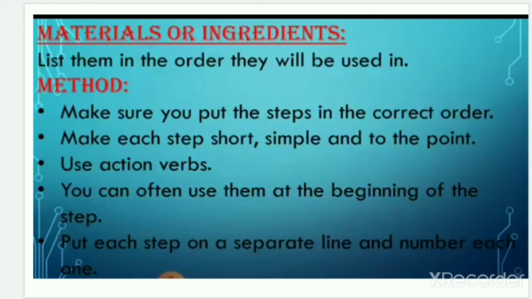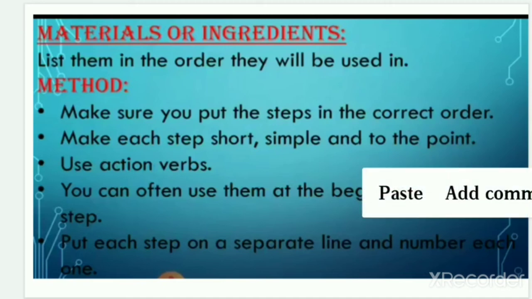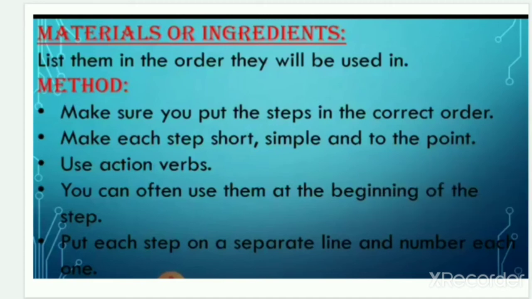Each step should be short and to the point. Use action verbs at the beginning of the step, and separate them according to the steps and give them a number.